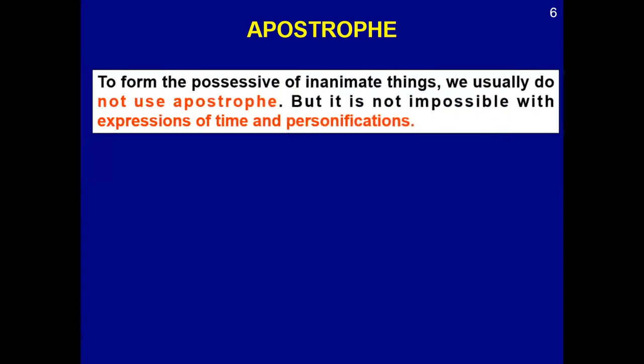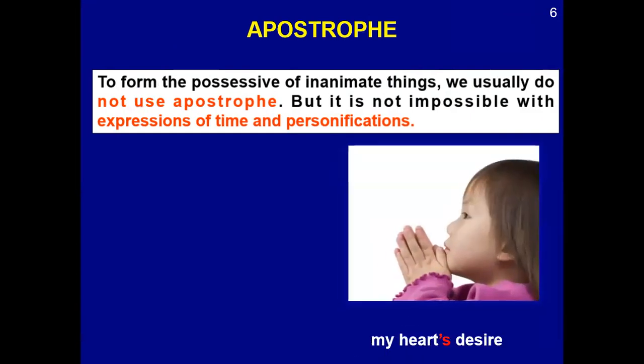Next, to form a possessive of inanimate things, we usually do not use an apostrophe. But it is not impossible with expressions of time and personifications. Example: my heart's desire. If you focus, a heart cannot desire.